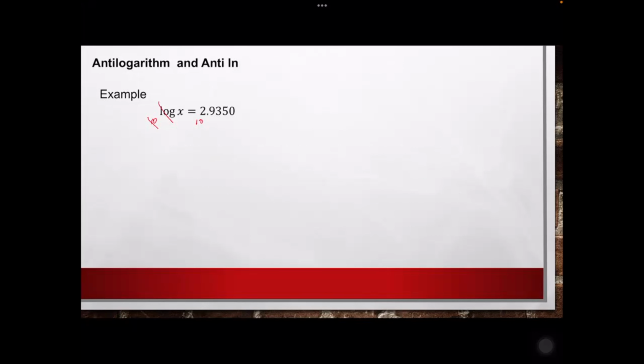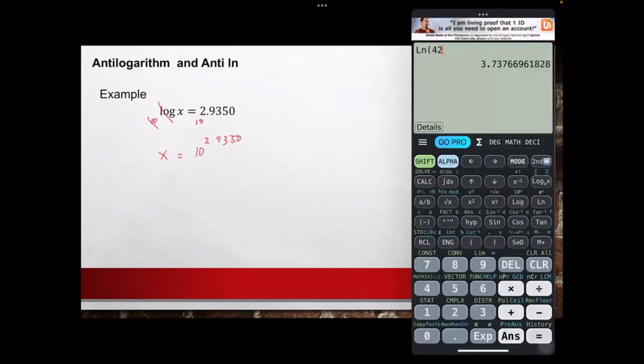So, we will have x is equal to 10 raised to 2.9350. Then we use the calculator for 10 raised to 2.9350.